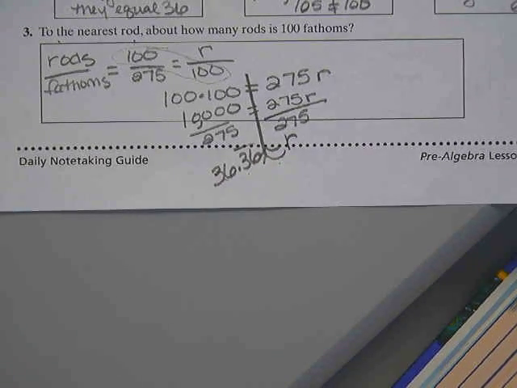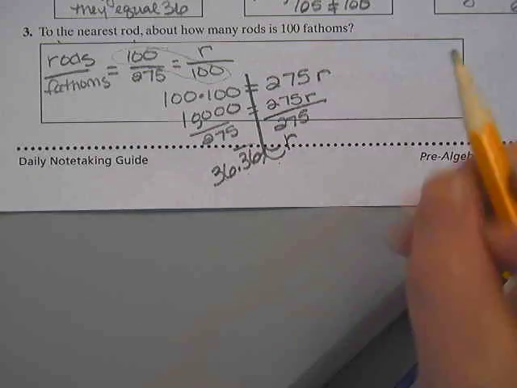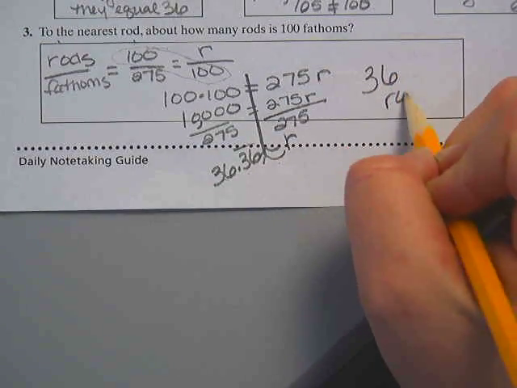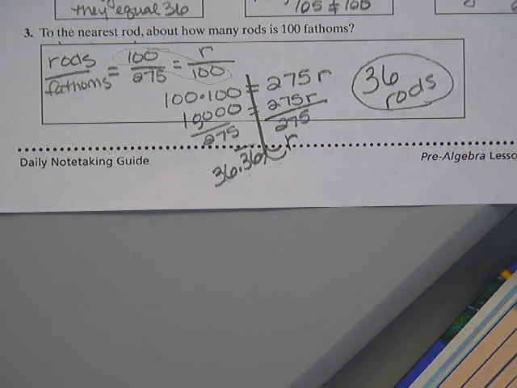So 10,000 divided by 275. R is going to be approximately 36.36, and the 36 repeats. And it said to the nearest rod. So is 36.36 going to round up or round down? Down. So 36 rods.